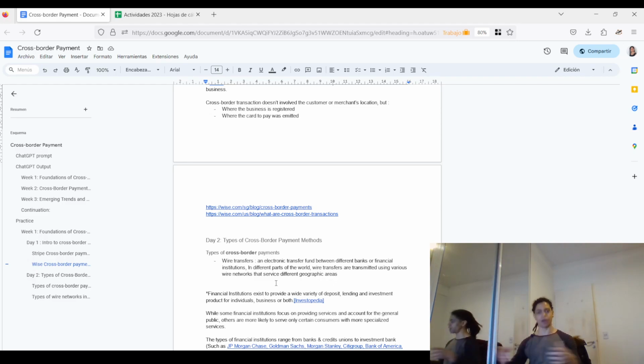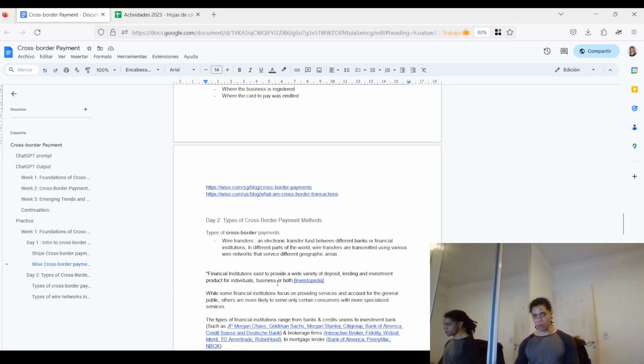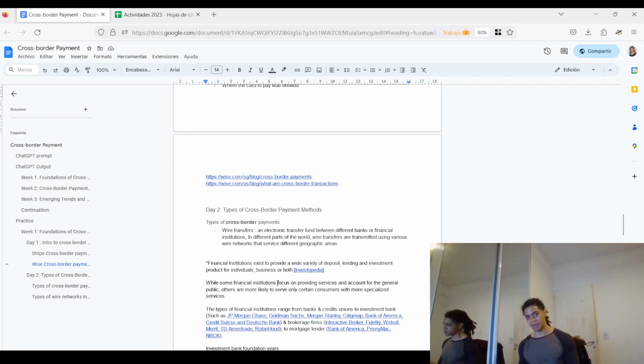Most of the time, these financial institutions or banks offer accounts and services to the general public, or they are other financial institutions that offer specialized services.